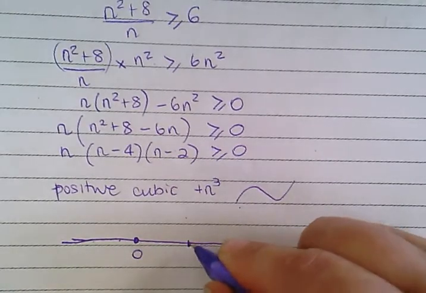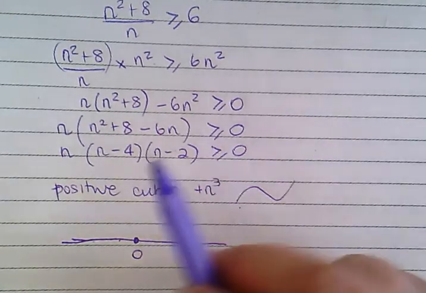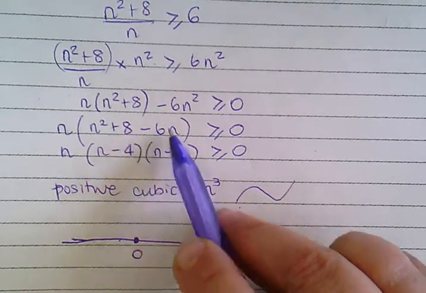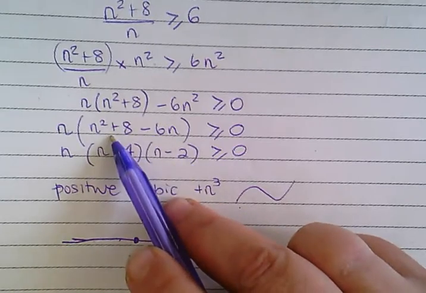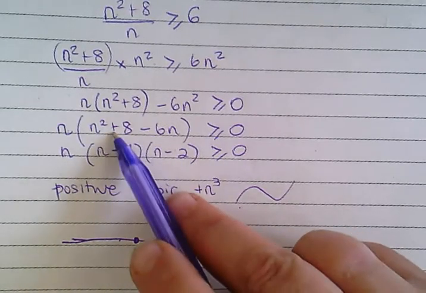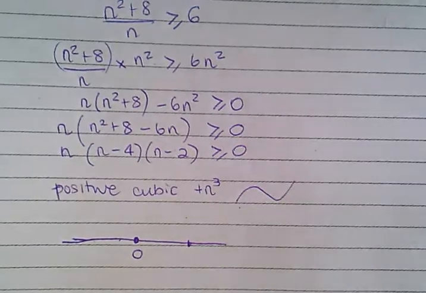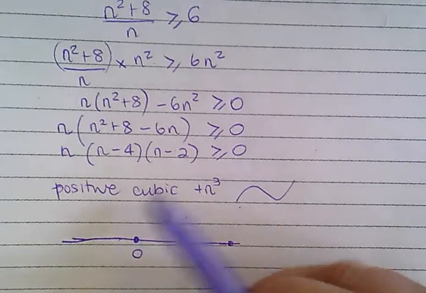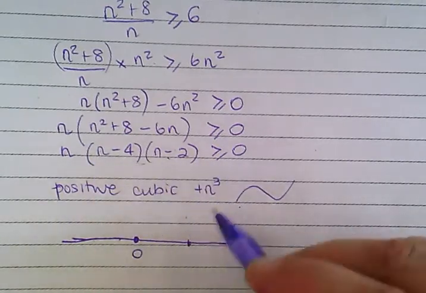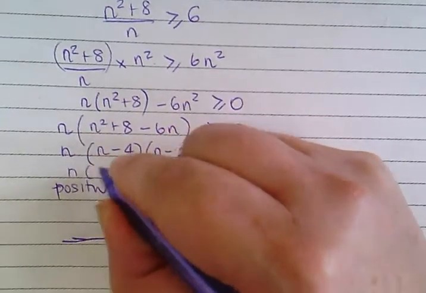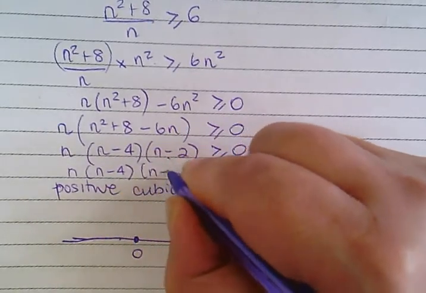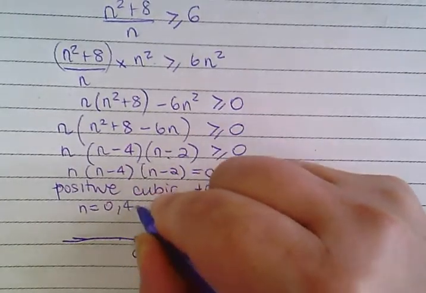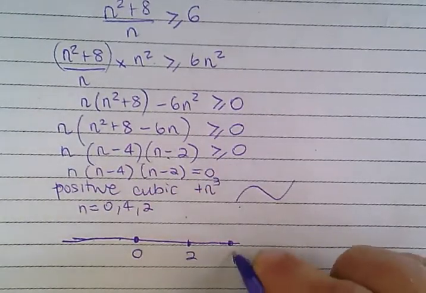Two numbers that multiply to give 8, because it should be n squared minus 6n plus 8. So if I solve equals 0, I get n is 0, 4, and 2. So I've got 2, 0, and 4.